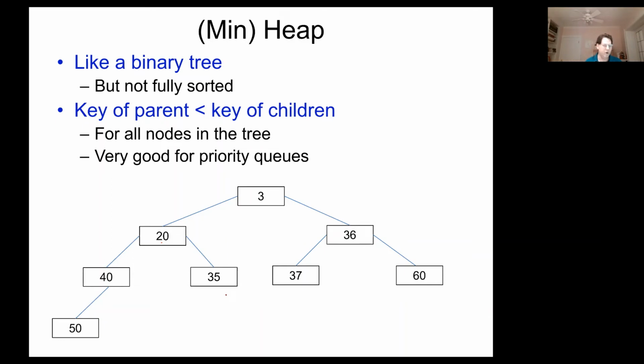The parent has a smaller key than the child, but between the left and right children, there's no relationship that is guaranteed. This is really good for priority queues because in a priority queue, all I want to do is be able to insert things quickly and get the smallest element quickly. And I know where the smallest element is. The smallest element is right at the root of the tree. And that's all I need for a priority queue. I don't need the full sorting that I would get in a binary search tree.